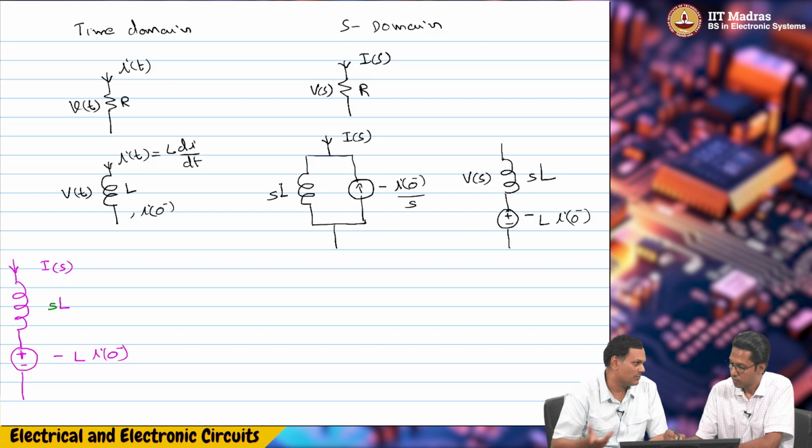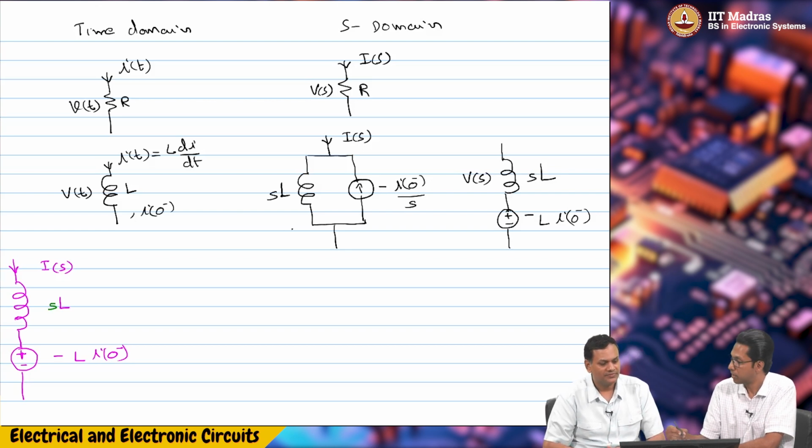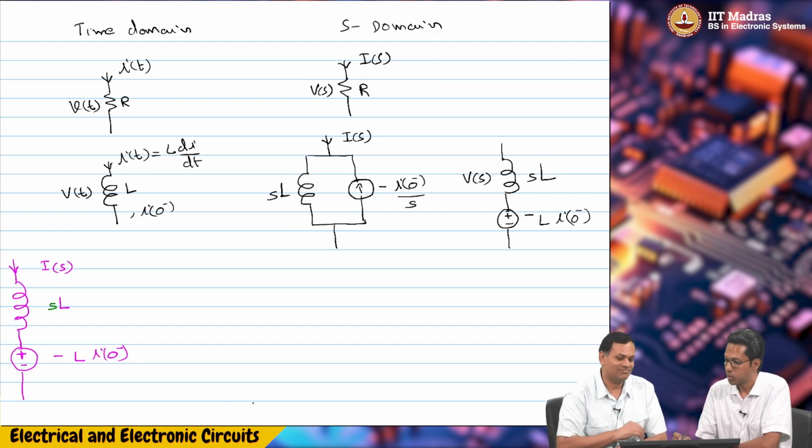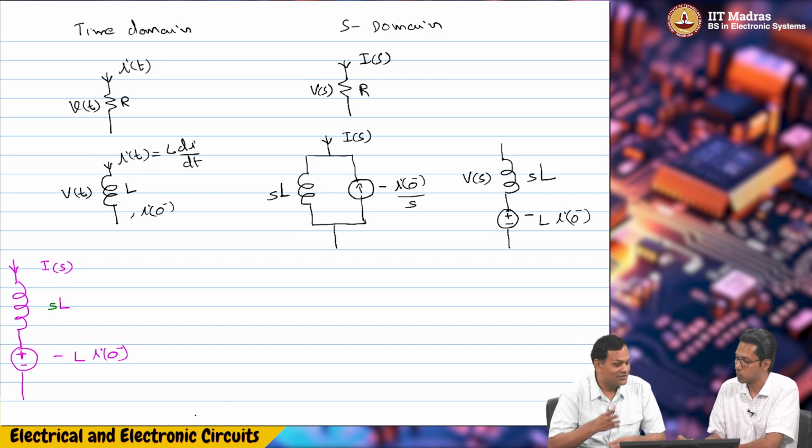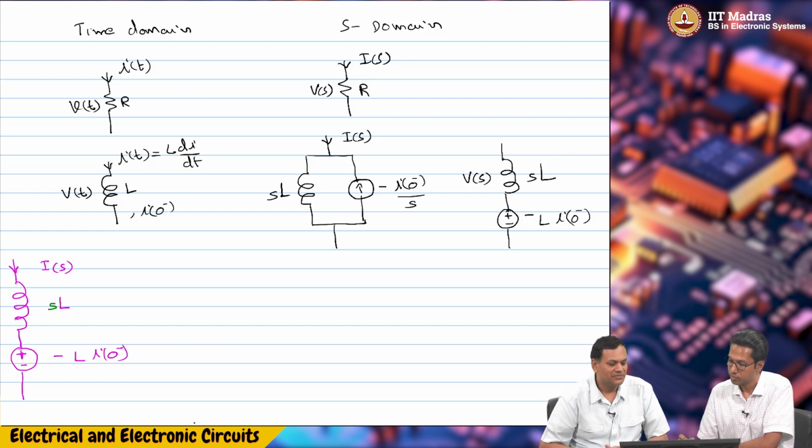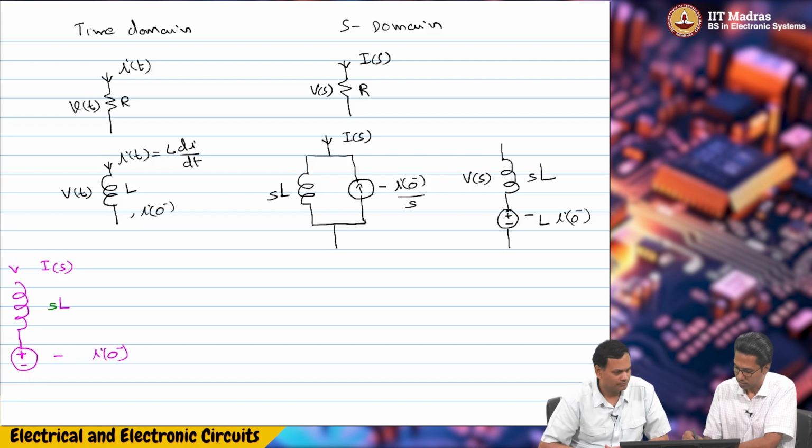This is like a source transformation. If you want to write it as Y of S, then it has to be 1 by SL. Some textbooks write it like that, because when they do parallel, they use Y. But unless you say Y, it normally refers to the impedance. So this looks okay.